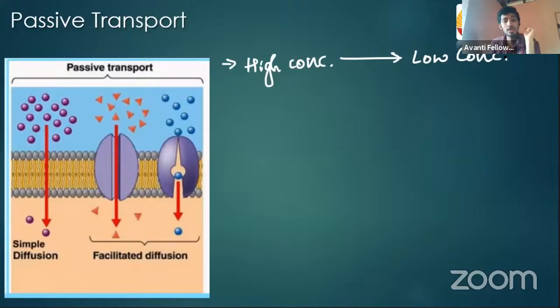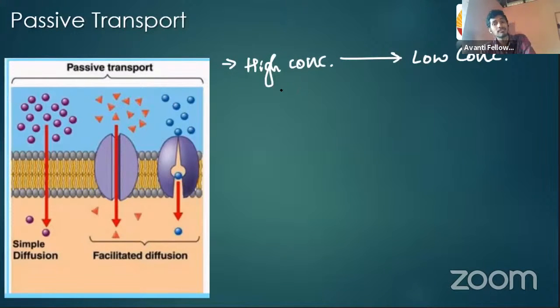Exactly, that's because no energy, diffusion, maintaining equilibrium. Wherever in nature, you know about thermodynamics and its laws, everything wants to go to an equilibrium state. There will be no net movement, right?